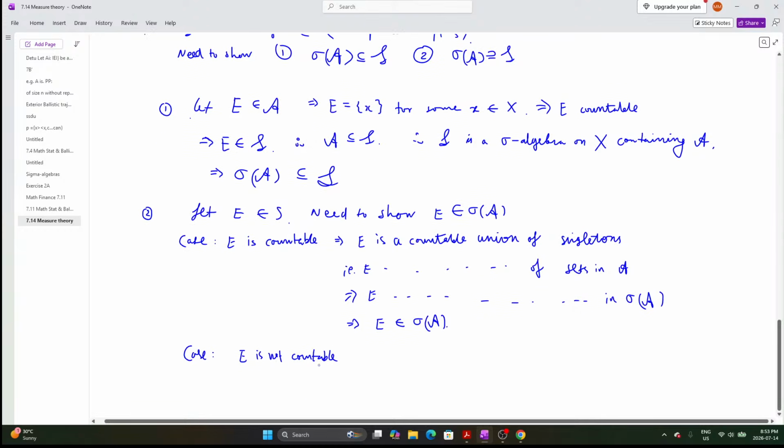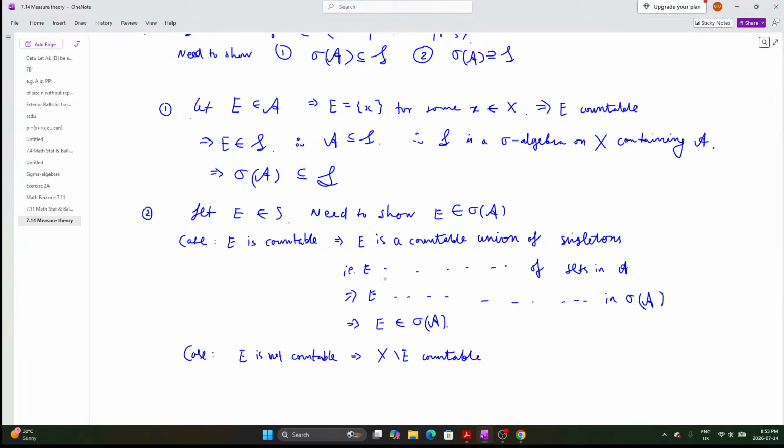So case E is not countable. That must mean X minus E is countable. But then again, you can apply the same argument.